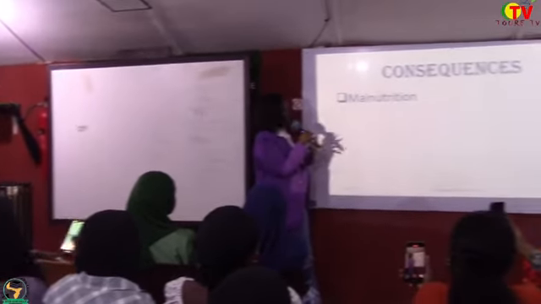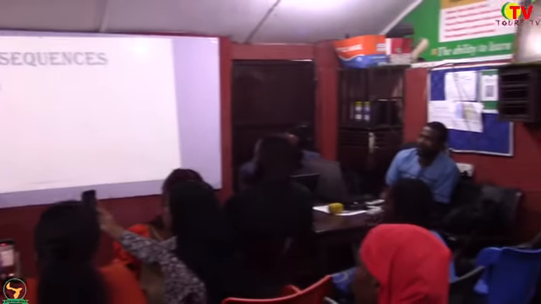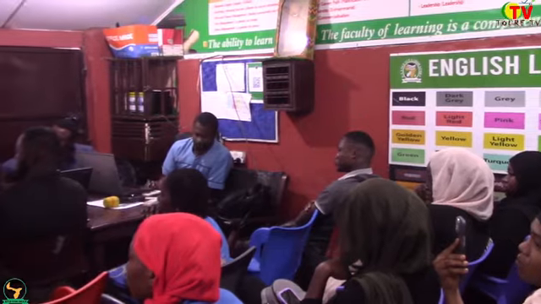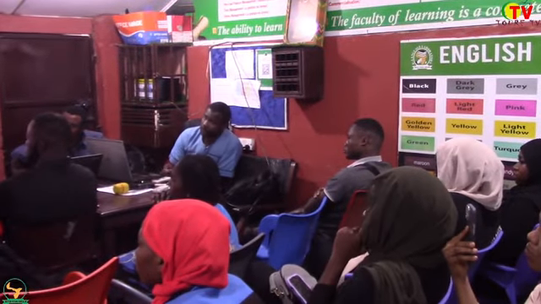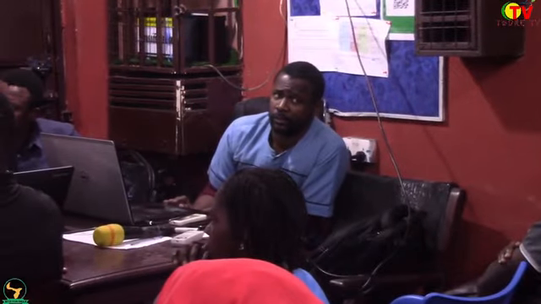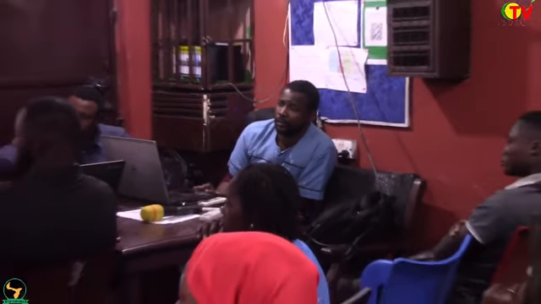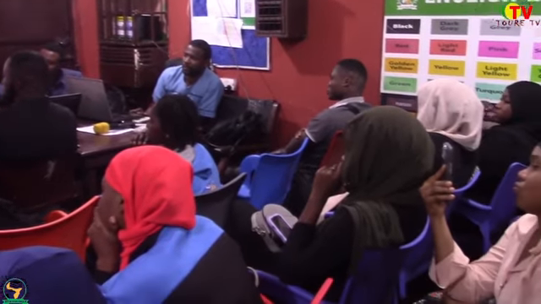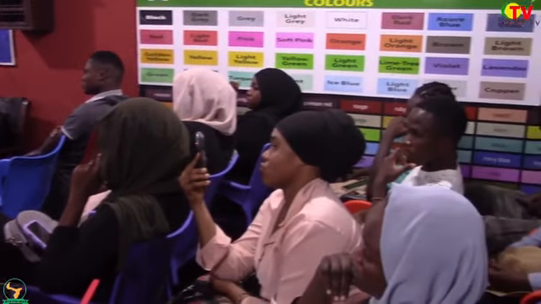So, let's follow with the consequences. The consequences of hunger in Africa are profound and far-reaching. Firstly, we have malnutrition. When people don't have nutritious food to eat, or when people simply don't have food to eat, it can slow down their mental and physical development and impair health.